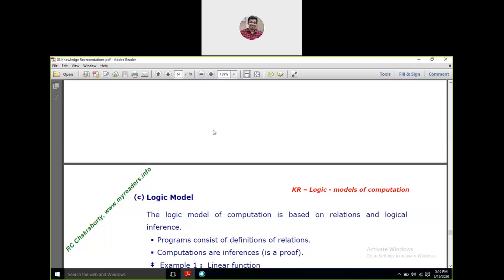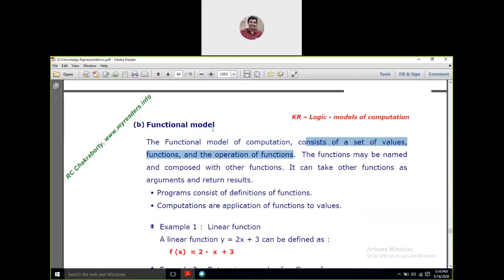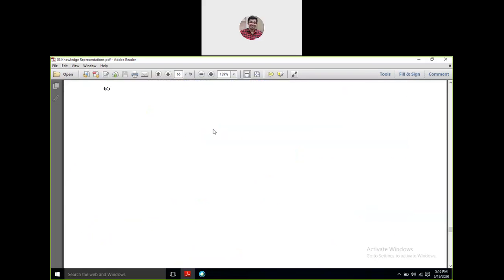They basically consist of a set of values, functions, and operations on functions. You have to just remember these parts, nothing more. And then comes the logic model. In case of the logic model, logical computations are involved. So you need to just remember the logic model. You have to remember what is the functional model, and what is the imperative model, right?